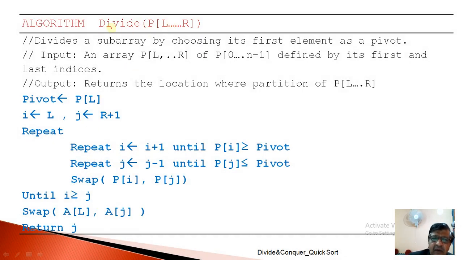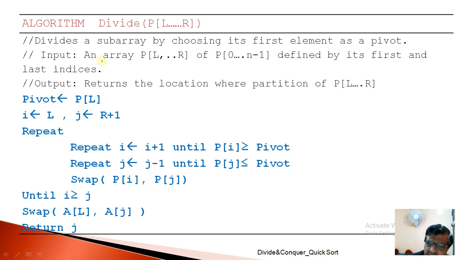Right, algorithm divide. Let us see how exactly this divide algorithm, which is part of the quicksort algorithm, will help in finding the split position whenever it is called. It divides the subarray by choosing its first element as the pivot. The input is an array P[L to R] of P[0 to n minus 1], defined by its first and last indices.